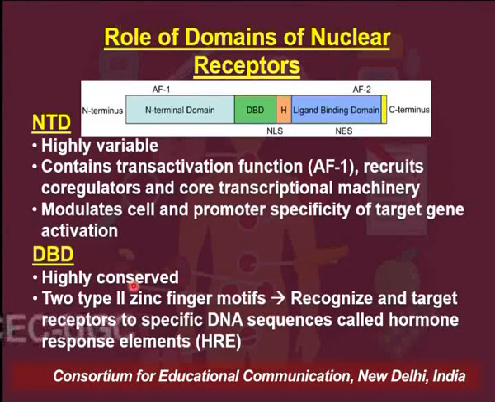This domain is quite conserved and is made up of zinc finger motifs, which are involved in recognizing and targeting the receptor to the specific DNA sequence. That particular DNA sequence to which the hormone receptor would interact is called the hormone response element, HRE. So HRE is basically the sequence of the DNA to which this nuclear receptor will bind.